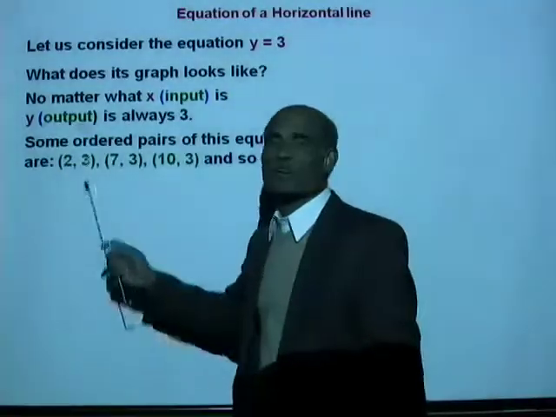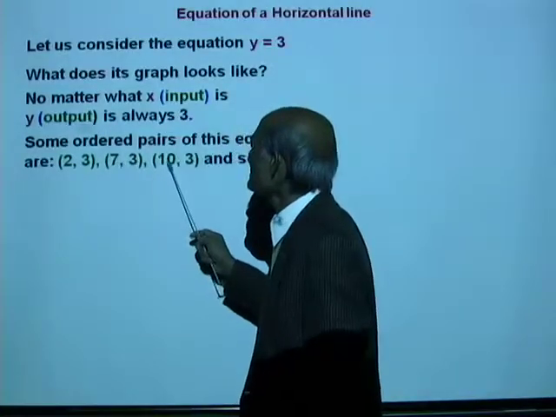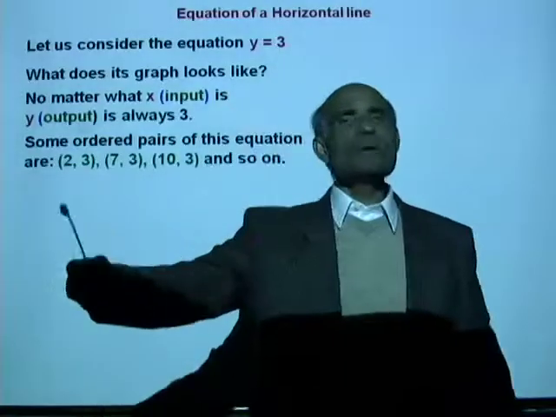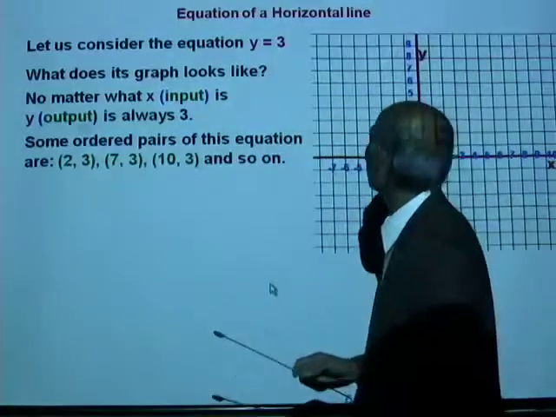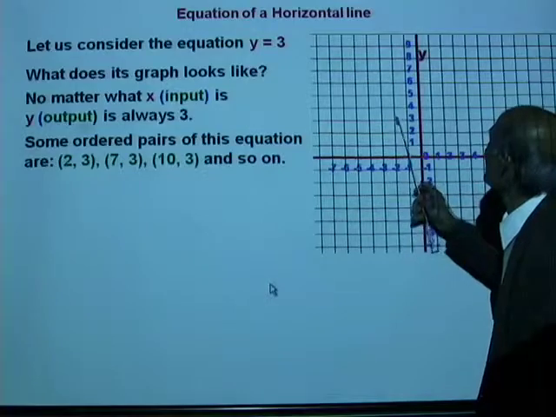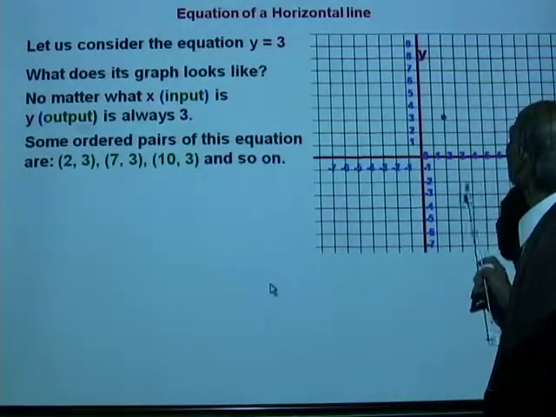In other words, look at some of the ordered pairs: (2, 3), (7, 3), (10, 3). You can choose any input. The output will be 3. That's what is meant by y equal to 3. So for any input, the output will be 3.